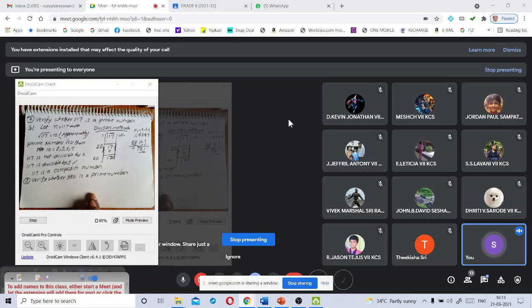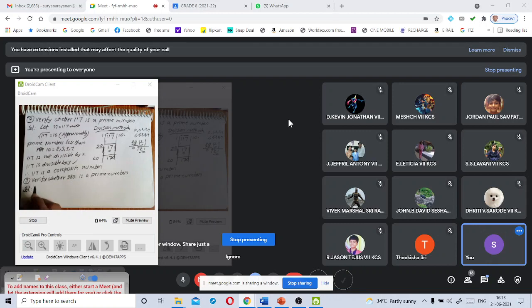What is this number, my children? Verify whether 9801 is a prime number or not. We have to verify whether this number is a prime number or not.